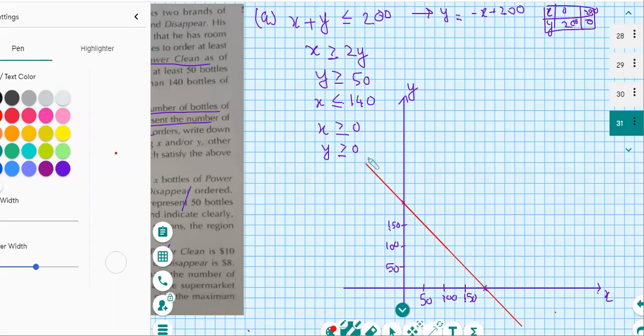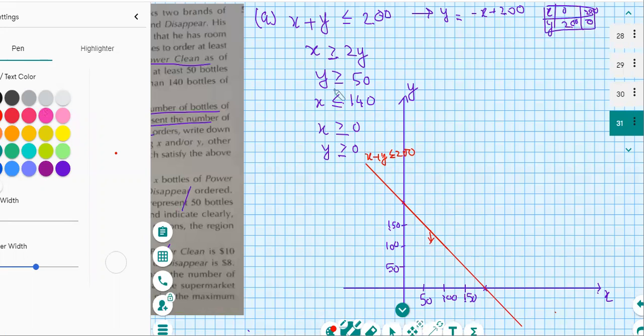It is actually X plus Y less than or equal to 200. Less than, so obviously the region should be below this line.